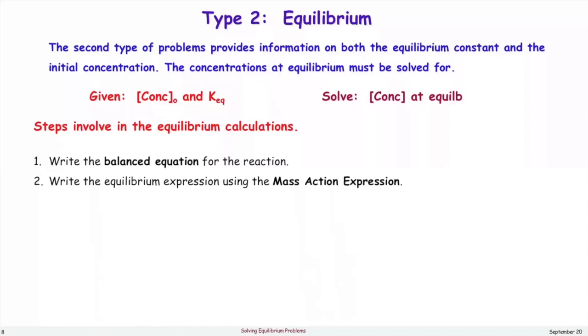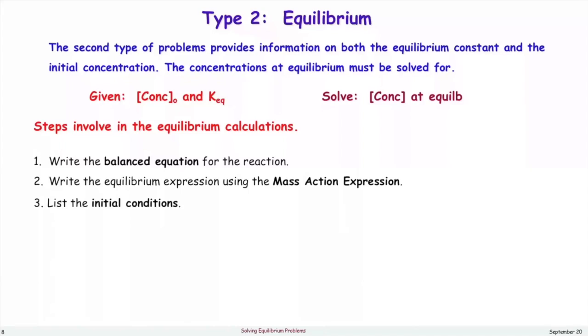Now, as you do this more, a lot of you are going to skip and just stick it into the mass action expression. And then you're probably going to make a mistake because you're not accounting for how the chemicals behave in a chemical reaction, what the coefficients are. And so if you do that, then you might have the right idea, but you're going to make silly mistakes. Okay. And let me point that out as I go further into this discussion.